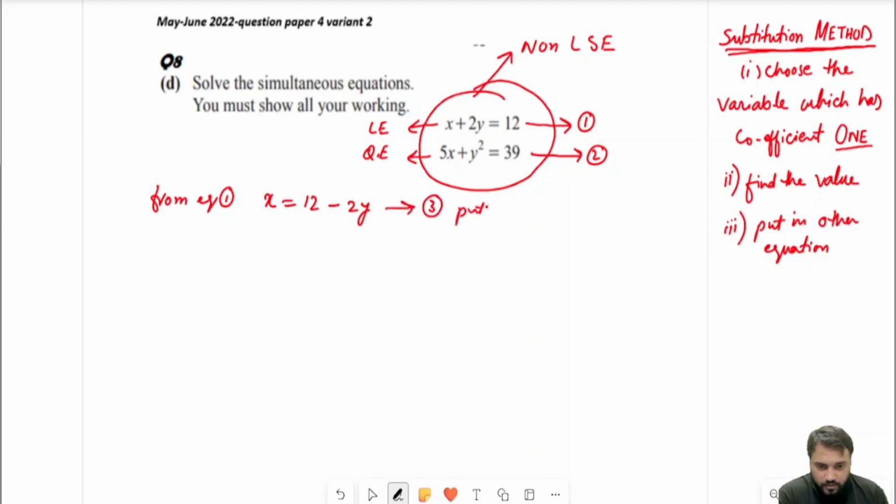Put equation 3 in equation 1 or 2? Yes, it is of course 2. Put it in equation 2: 5 times x, the x value 12 minus 2y, plus y squared is equal to 39.